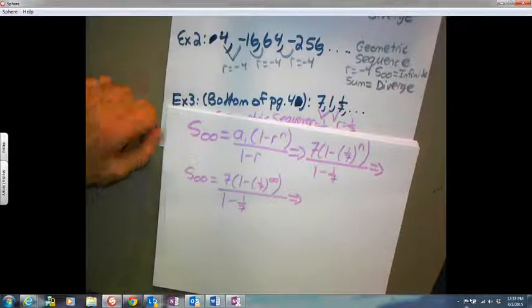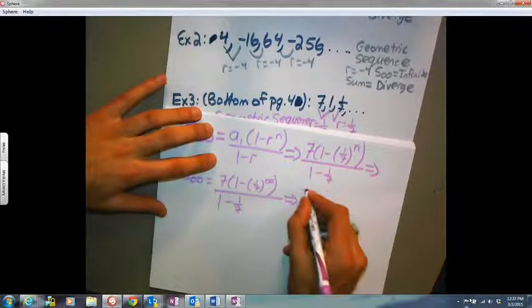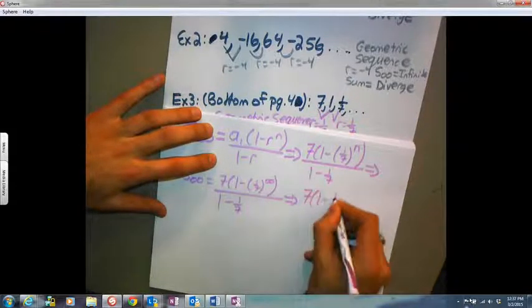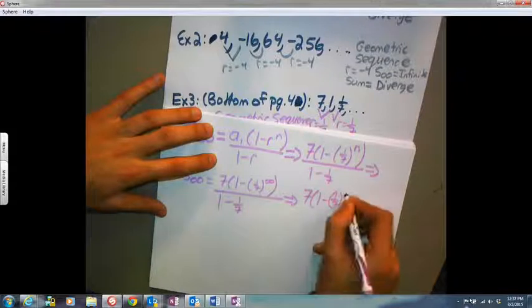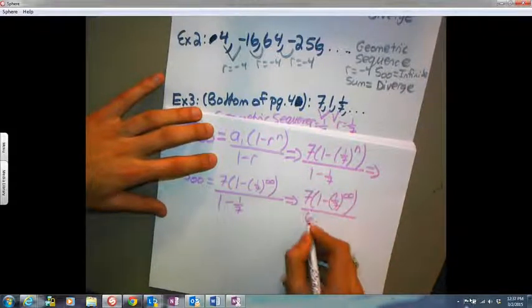So we want to find the infinite sum here. So, solve this out. One minus 1/7 is 6/7.